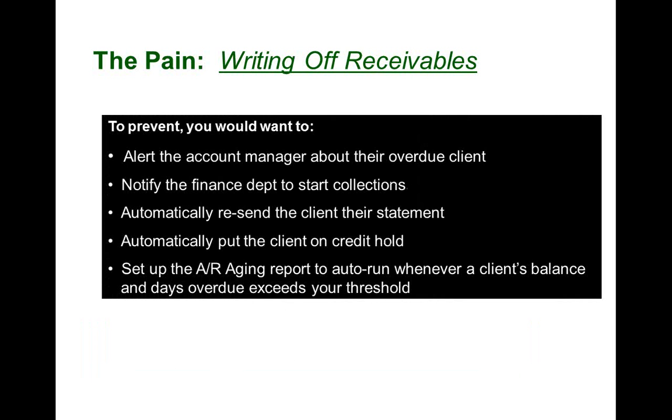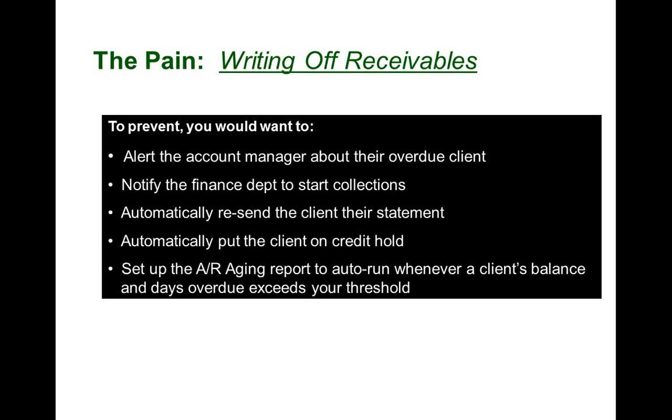So what is it that you need to do in order to address a situation like this? Well, as soon as a client becomes past due, whether it's a dollar value, number of days, combination, or even other criteria, you trigger automated alerts. Alerts to the salesperson responsible for this client, alerts to your finance department, etc. You might also wish to automatically resend client copies of their overdue invoices or even their statement.